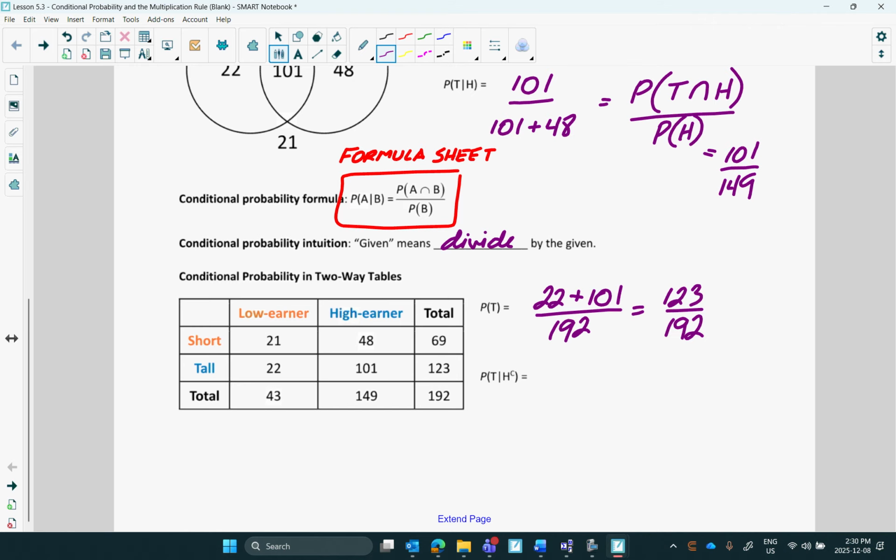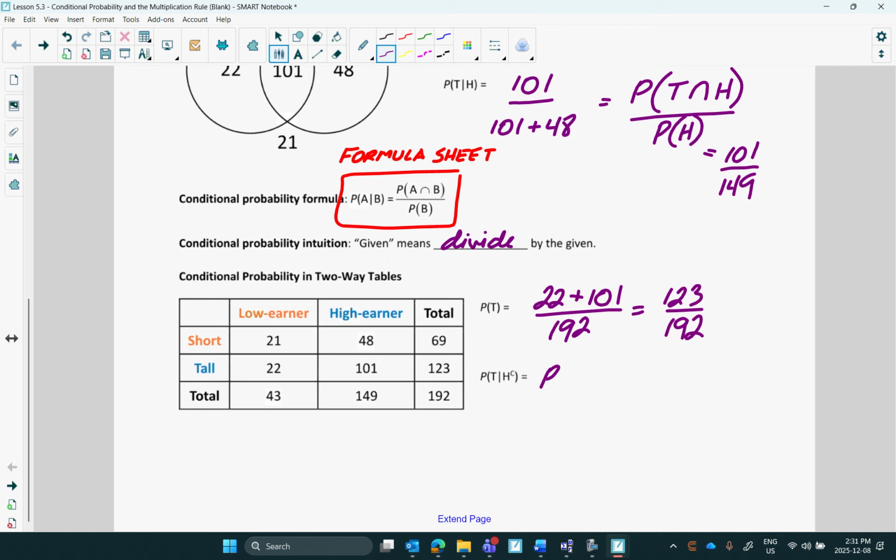If you think about this formula, how would I calculate the probability of selecting a tall man given that he's not a high earner? Or in other words, given that he's a low earner. That would be the same as saying not high earner. How would I calculate that?